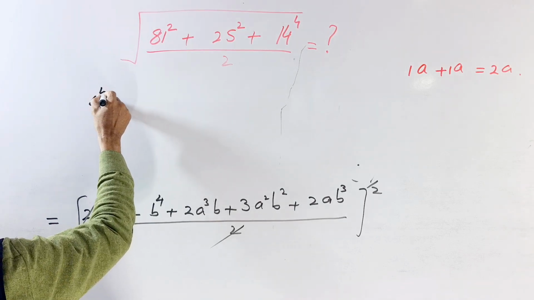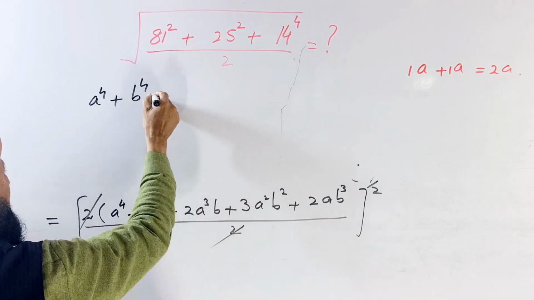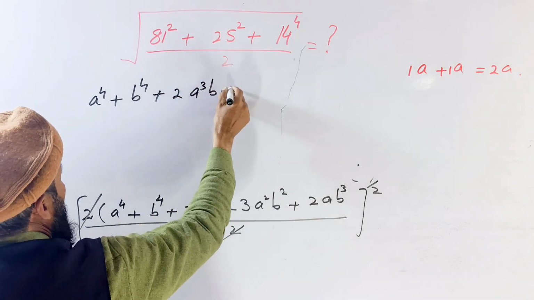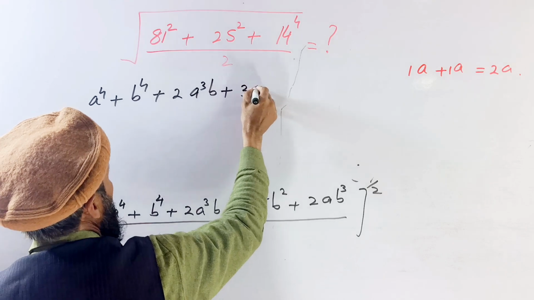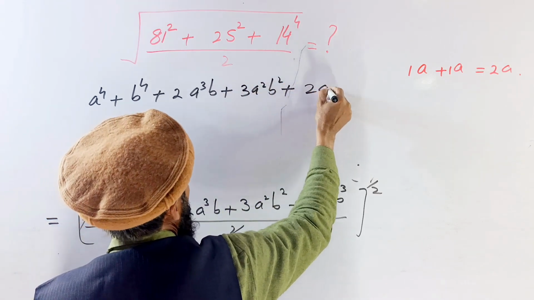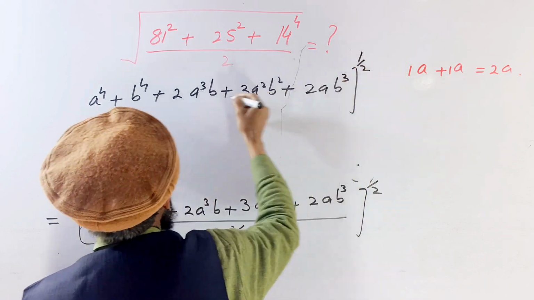So a^4 + b^4 + (2a^3 b + 3a^2 b^2 + 2ab^3), whole exponent 1 by 2.